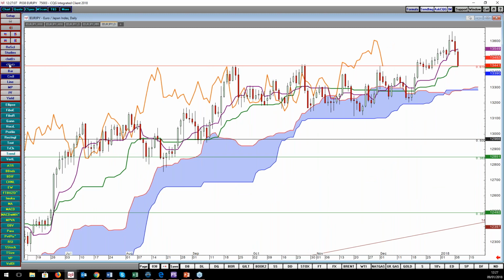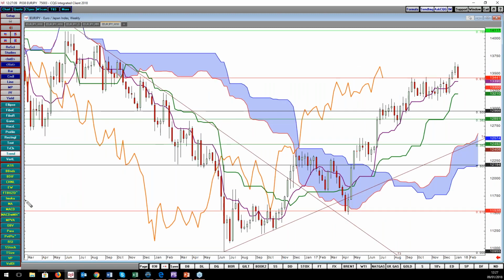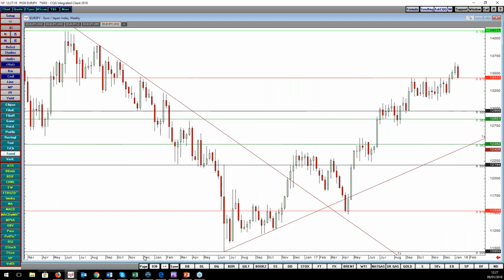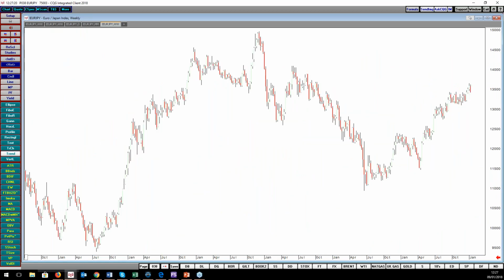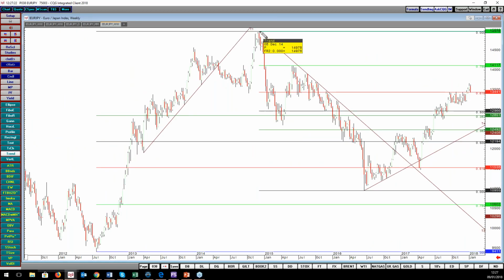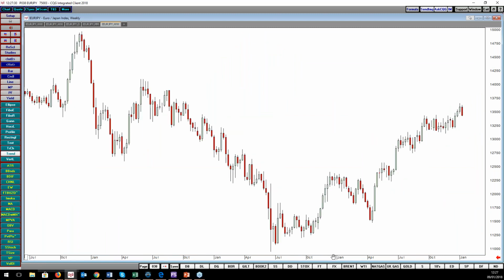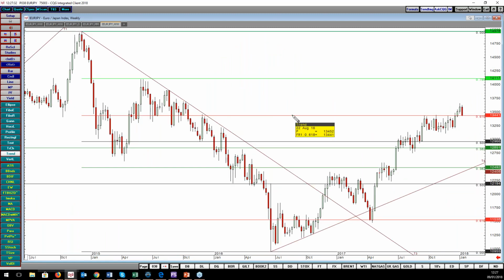Let's go to a weekly chart, and we'll lose the clouds for the minute. So now I'm trying to give you a bit of a run through of how I analyze the markets. Mr. Fibonacci, if we take it from the December 2014 high there at 150 down to the June 2016 low at 109.55, Mr. Fibonacci said that 134.40 was going to be a big level because that's the 61.8% retrace of that move.